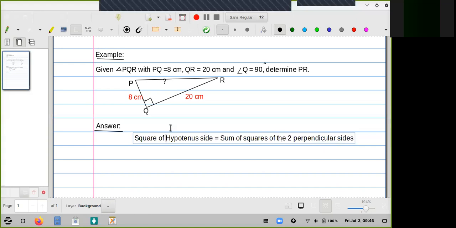Now, then making use of the vertices that are provided in my triangle, it means we are just going to say it is what? It is, then we have our hypotenuse side, which is PR.